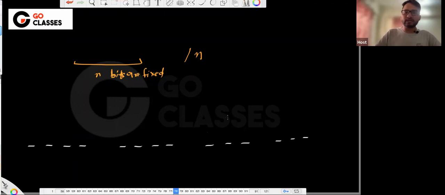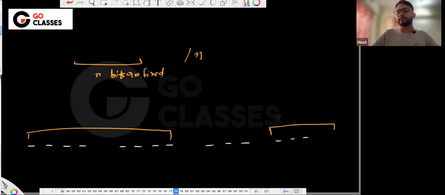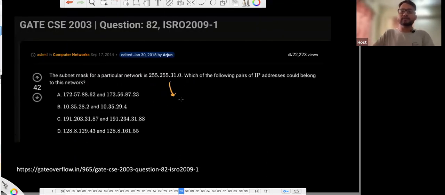Generally I will say that the initial x bits are fixed. But for theoretical purposes, I can say that maybe some bits are fixed from here to here, and some bits from here to here. It depends on our usage, but generally it doesn't happen. For theoretical purposes, I can have this as a subnet mask also.